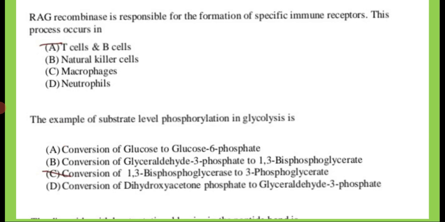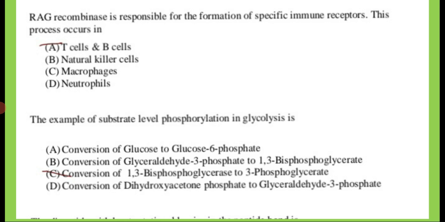The next question, example of substrate level phosphorylation. In glycolysis, there are two examples of ATP generation through substrate level phosphorylation. One is the conversion of 1,3-diphosphoglycerate to 3-phosphoglycerate, and another one is the formation of pyruvic acid from phosphoenolpyruvate.